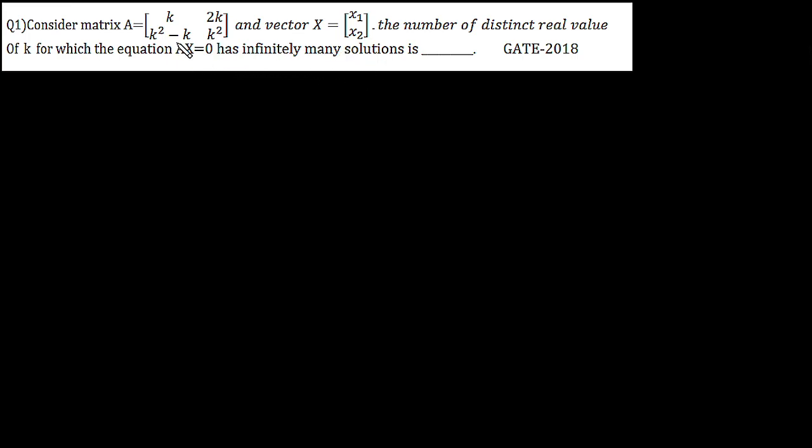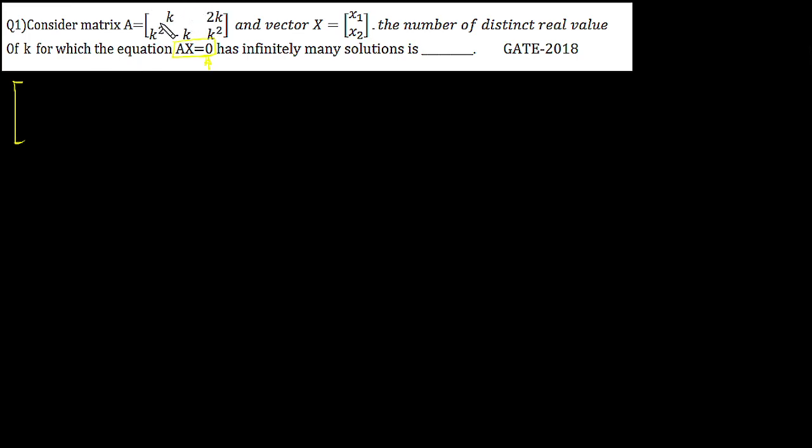Now first of all, look at this system Ax equal to 0. It represents a homogeneous system of equations because the right hand side here is the 0 vector, and this A is nothing but our coefficient matrix and this x is the vector in terms of x1 and x2. Now the homogeneous system is always consistent, so let's first form the equation with the coefficient matrix.